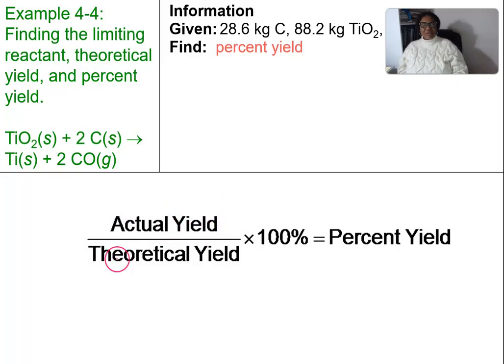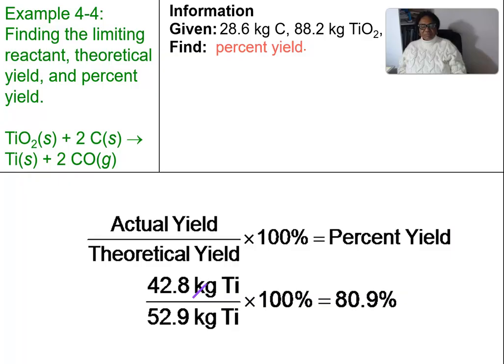It's actual yield over theoretical yield times 100. They gave us the actual yield to be 42.8 kilograms. So 42.8 kilograms of titanium over 52.9 kilograms of titanium times 100. So our percent yield is 80.9%.